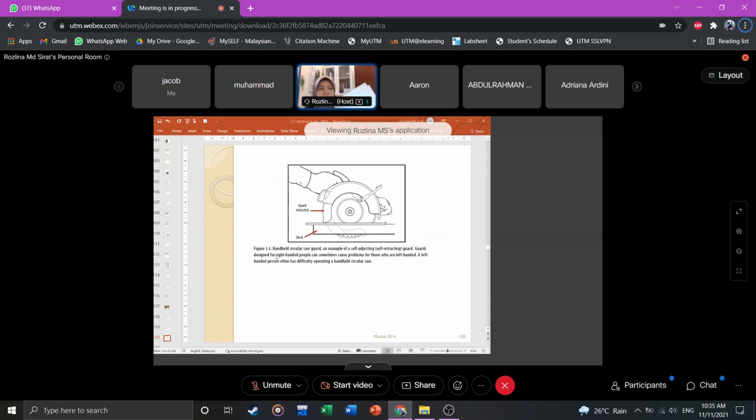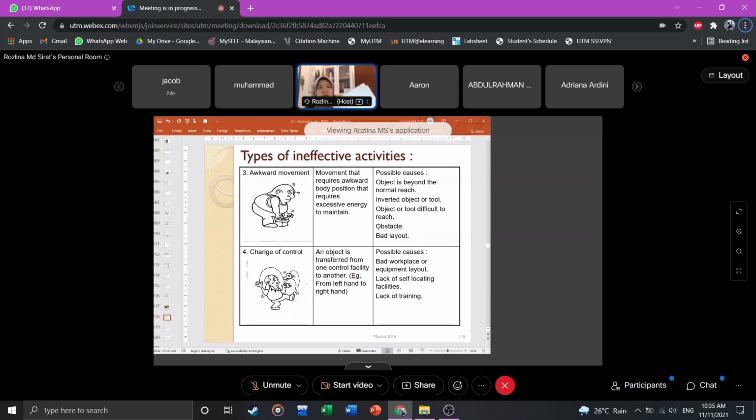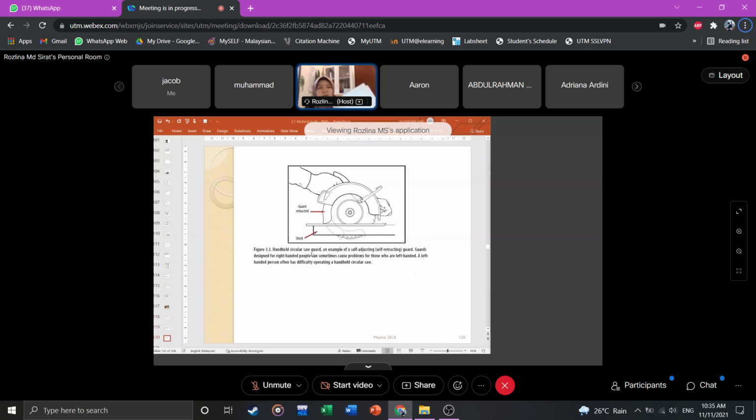Okay, this one. Handheld circular saw guard. This is to answer number 2, change of control. Handheld circular saw guard, an example of a self-adjusting, self-retracting guard. Guards are normally designed for right-handed people. Sometimes this causes problems for those who are left-handed.